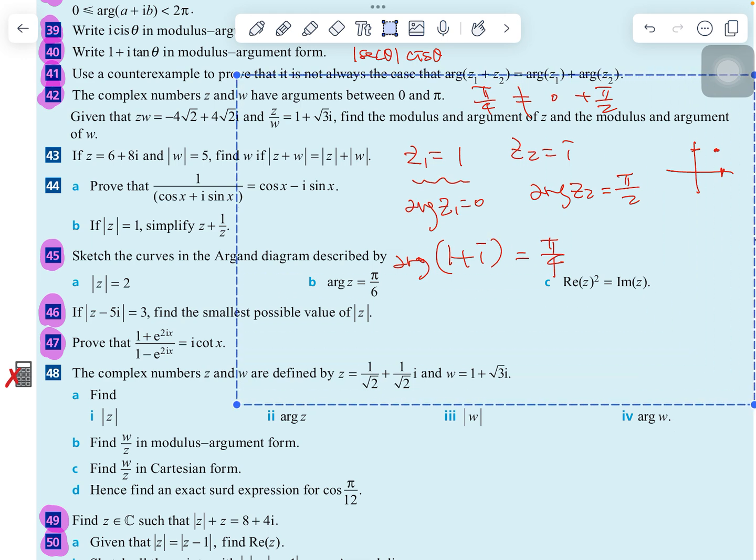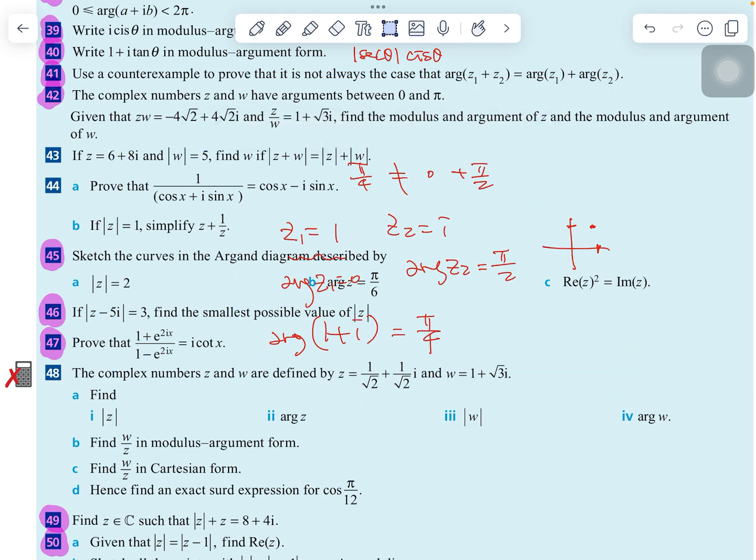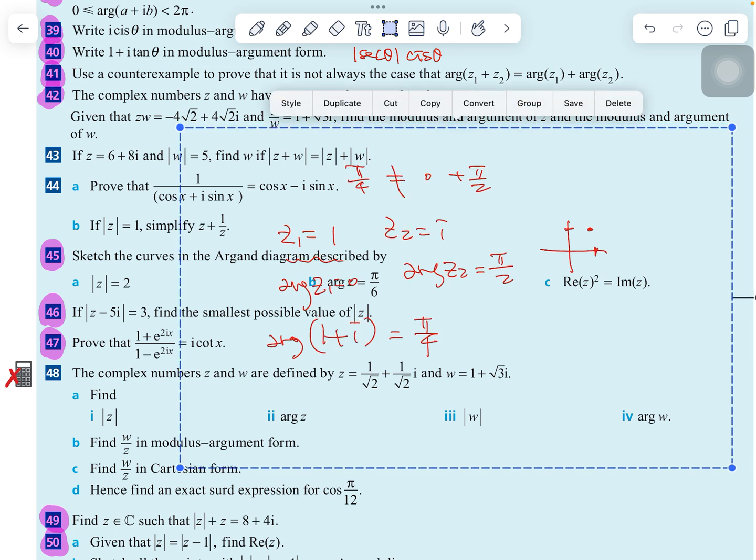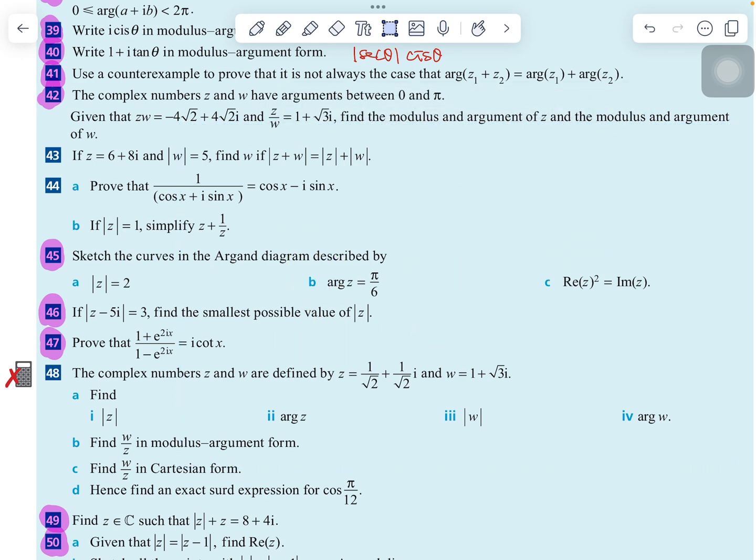And let's go to number 42. Z and W, multiplication and also division. Let Z be R1 cis theta 1, W be R2 cis theta 2.